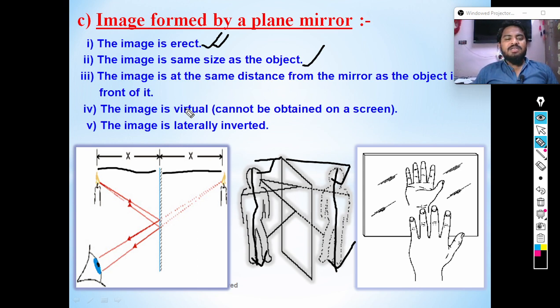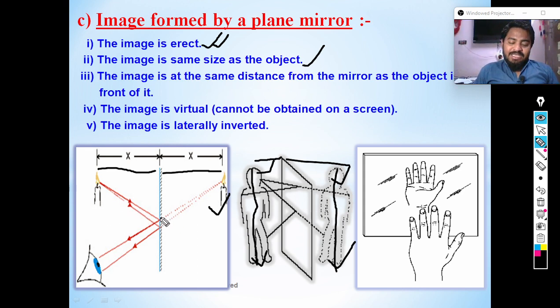The image is virtual. So here the image which is formed by the plane mirror is virtual. That means you can see it with your naked eye. And what I said, image is the point of intersection of all the reflected rays directly or indirectly, isn't it? So here in the plane mirror, the reflected rays meet indirectly.